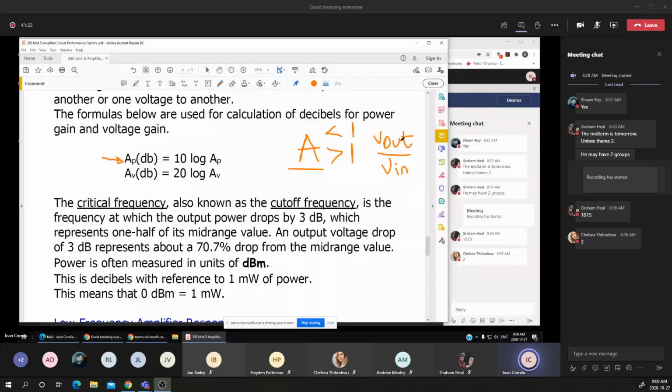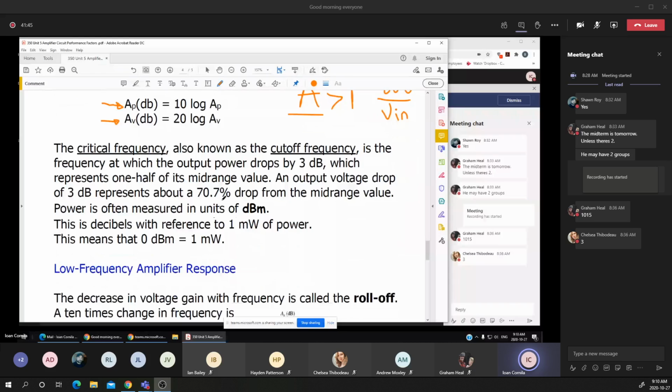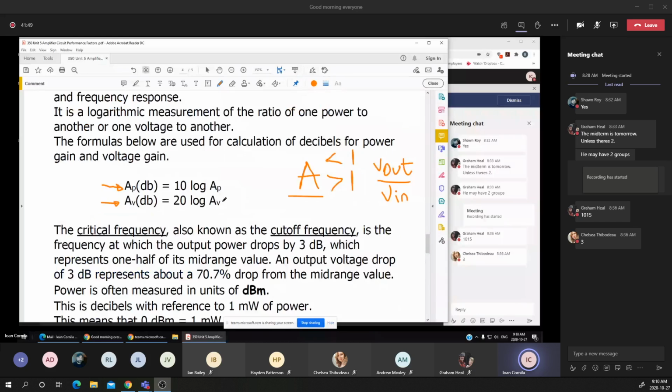AP again, in the same way, if I'm replacing the voltage with the power, I have the P out over the P in. That's the gain in power. If we have the voltage, it's 20 log of AV, or the gain in voltage. All these scales are logarithmic. It's the use of a logarithmic scale.